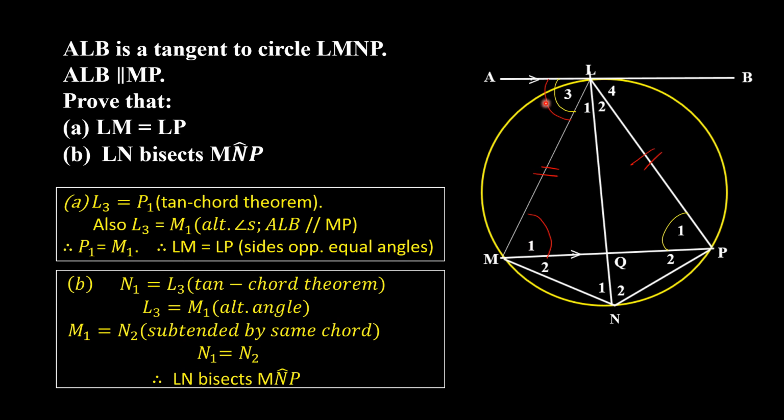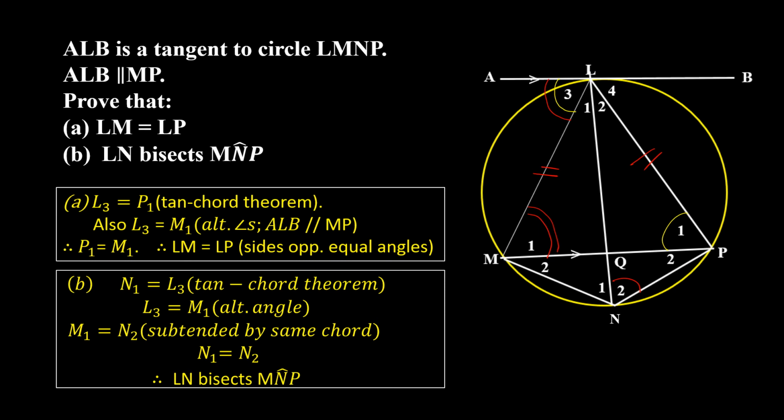Now M1 and N2, is there any relation between M1 and N2? Look at the diagram. M1 is subtended by the chord LP. The same chord LP is subtending another angle at N, that is N2. So M1 and N2 are equal because they are subtended by the same chord.